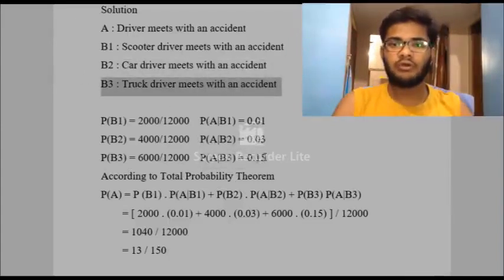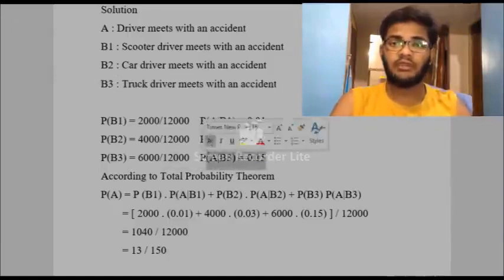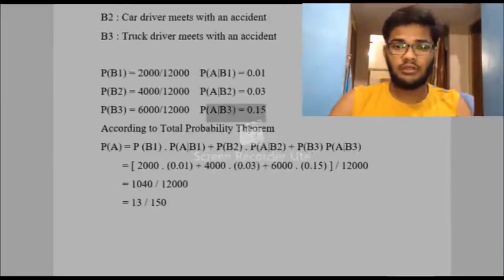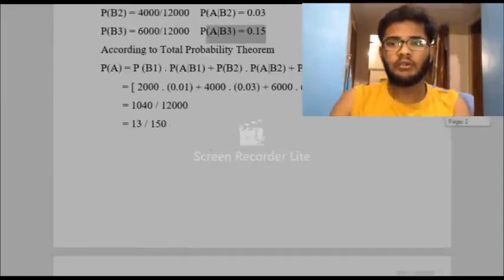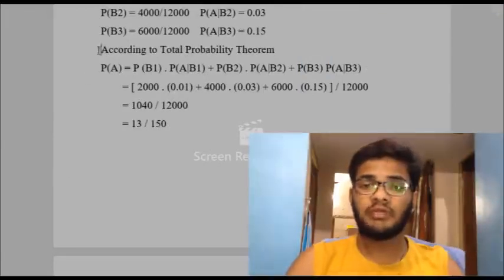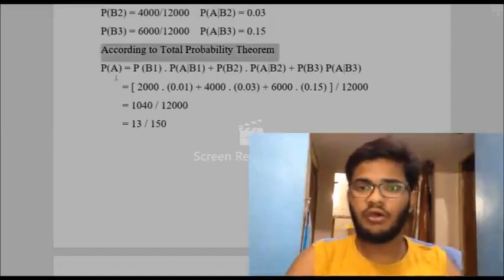And P of A given B3, that the person is a truck driver, is 0.15. Now we will find P of A, which is that the driver meets with an accident, whether a scooter driver, a car driver or a truck driver.